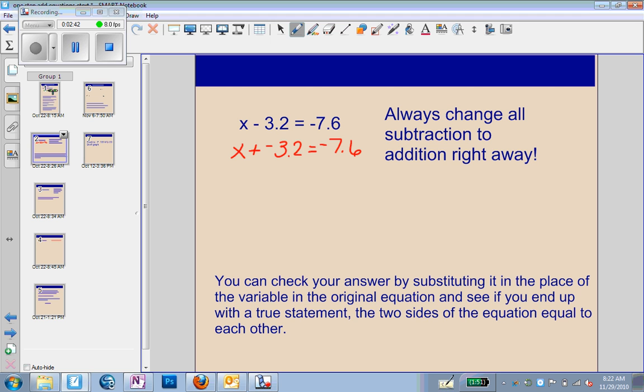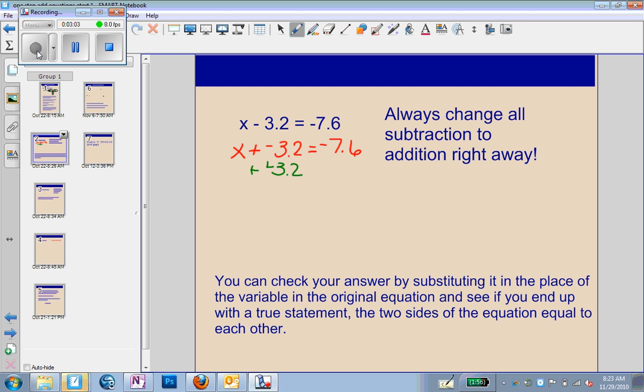Now, who can tell me what the inverse operation is? So what we're going to do, instead of subtraction, which is what we're used to, is we're actually going to be adding a positive. If you think about it, we're subtracting 3.2, but that's really the same thing as adding a negative.